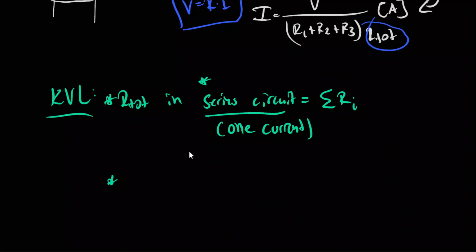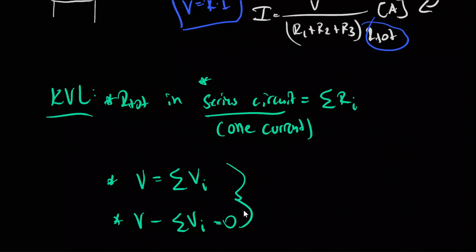Another point is that with KVL, we say that the applied voltage V is equal to the sum of each voltage drop. So I just say the sum of Vi. And from this, we also said that the total voltage minus the sum of individual voltage drops will be equal to 0. I mean, this will of course be the same.